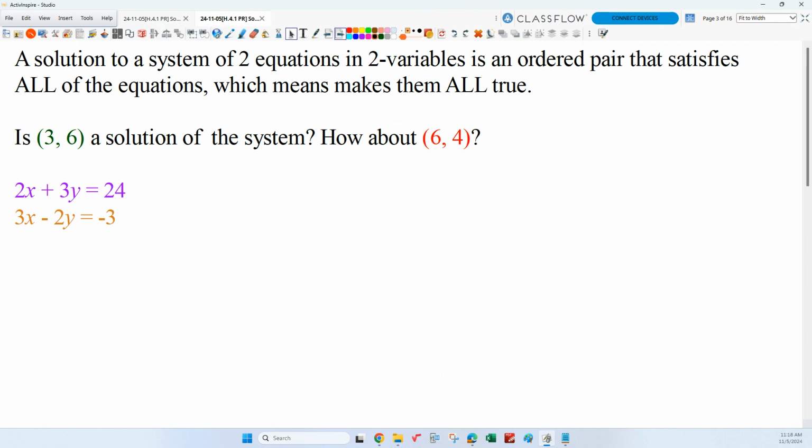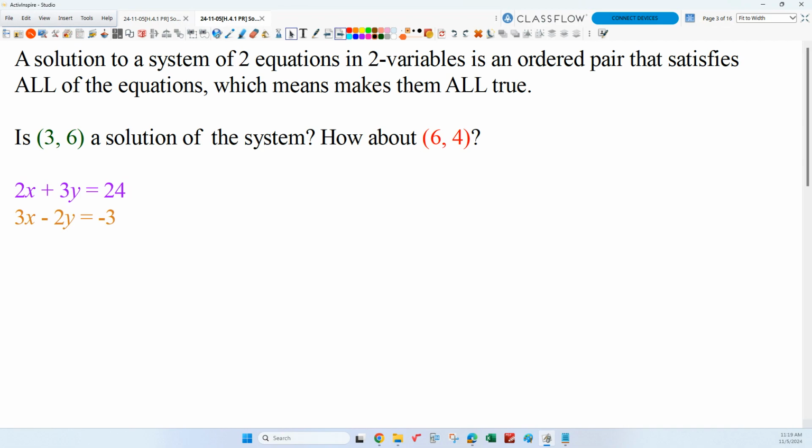So then let me ask you, is the ordered pair (3, 6) a solution of the system of 2 equations? It is. Is (6, 4) a solution of the system? No, it's not. Because to be a solution of the system, you have to be a solution to every equation in the system. And what do you think is going to happen if I graph the purple and the orange lines together? Where are the green and red points going to sit in that system? Where's the green point going to sit?